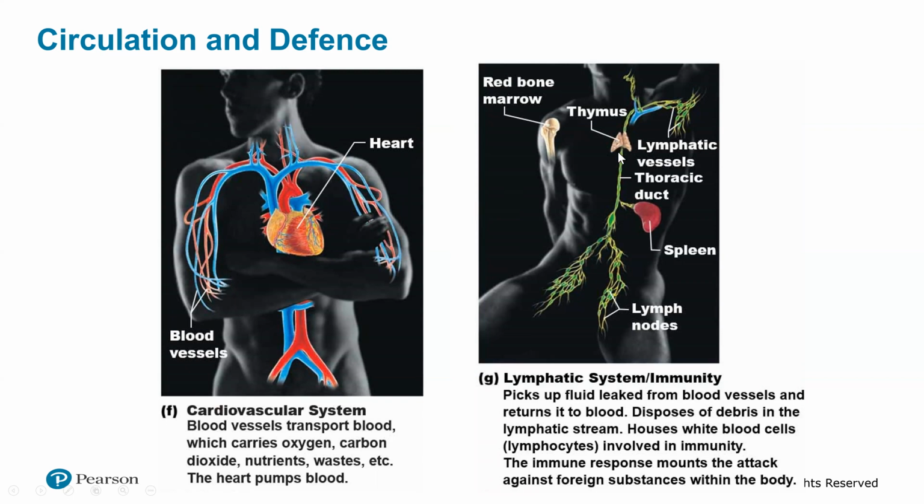Also the thymus, a gland located on top of the heart, and red bone marrow inside your bones. The lymphatic system picks up fluid leaked from blood vessels and returns it to blood, disposes of debris in the lymphatic stream, and houses white blood cells, lymphocytes involved in immunity. The immune response mounts the attack against foreign substances within the body.